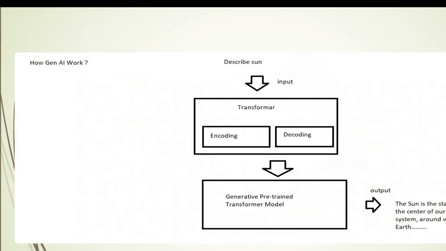Then your input will move inside our transformer architecture. Transformer architecture contains encoding and decoding. So your input will first go through the encoding, then pass to the decoding, then go with our generative pre-trained transformer model, and we'll get the output.